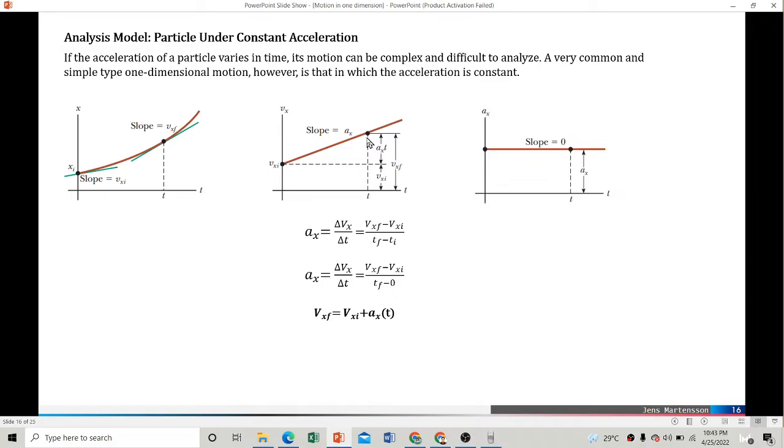So we have here velocity final and t final, and here is velocity initial and t initial, which is equal to 0. Okay, or y sub 2 minus y sub 1 over x sub 2 minus x sub 1.